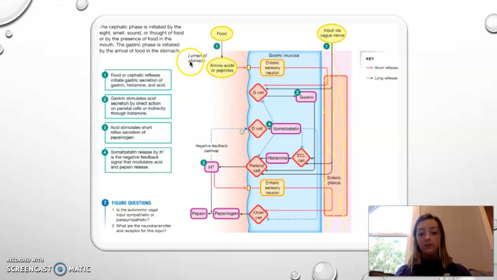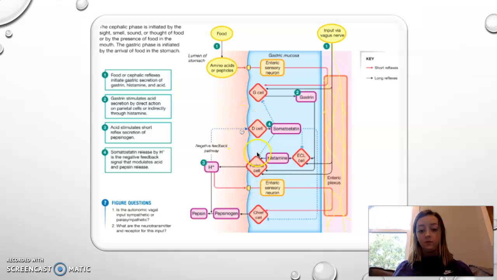Gastrin stimulates acid secretion by direct action on parietal cells or indirectly through histamine. Somatostatin release by H+ is the negative feedback signal that modulates acid and pepsin release. So that is that whole diagram of what we were just talking about.